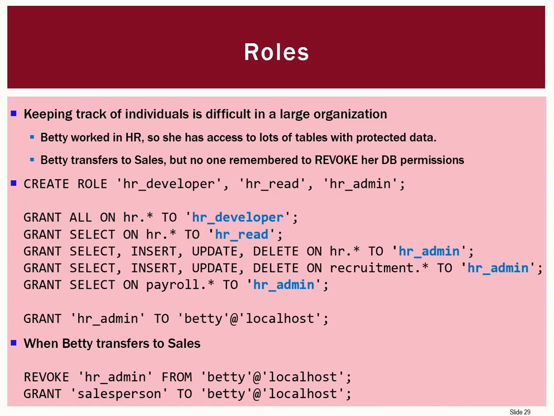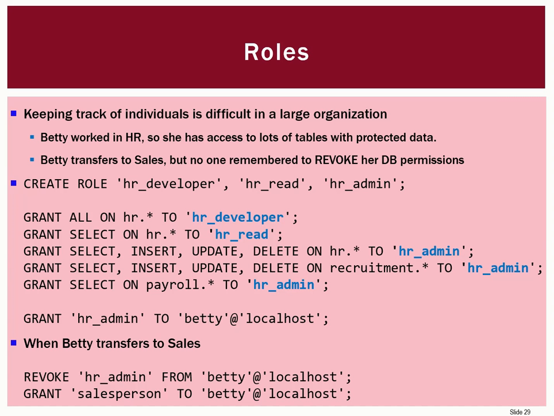Over time, this becomes very problematic. So the best thing to do would be to create roles. Here's how you can do it. You can create a role. We created a role called the HR developer, the HR read role, and the HR admin role. And then instead of granting access to individuals, we grant access to roles.